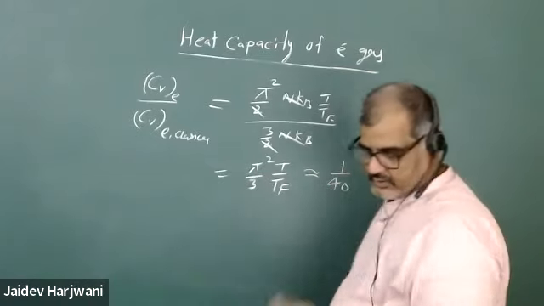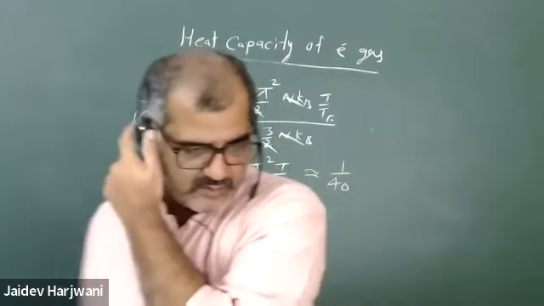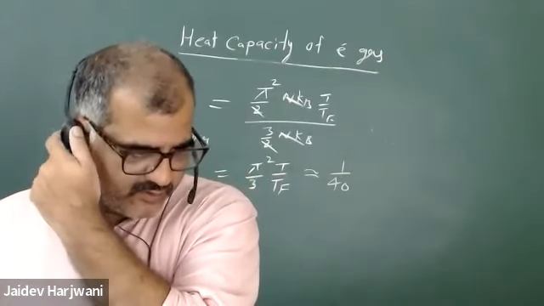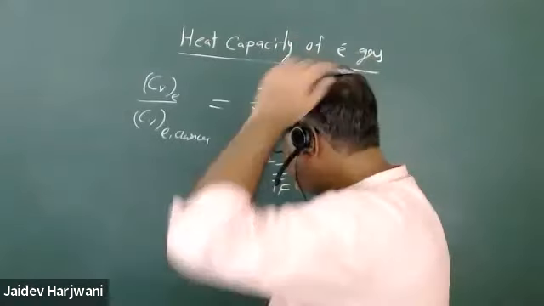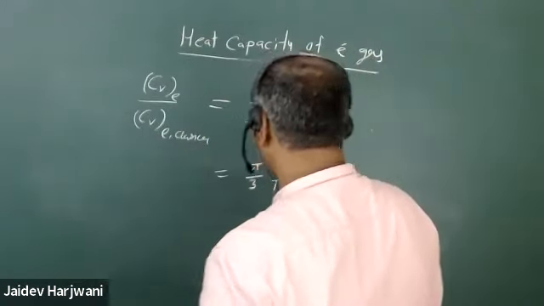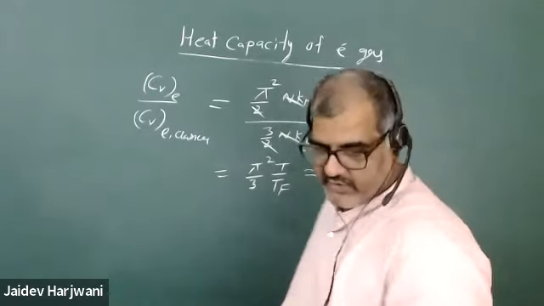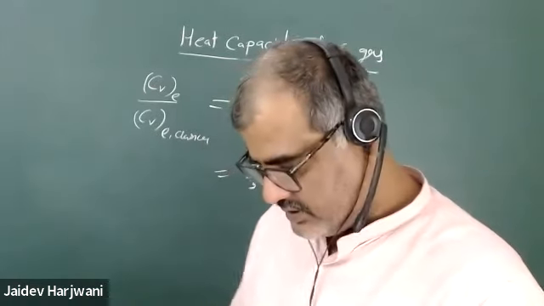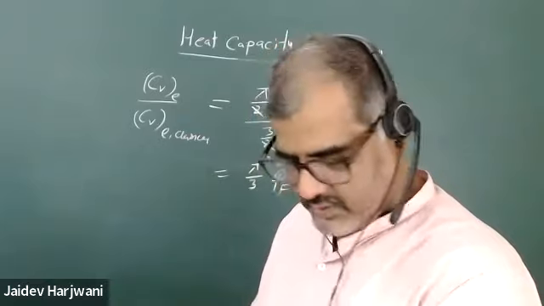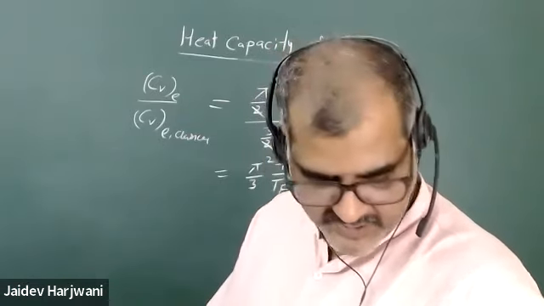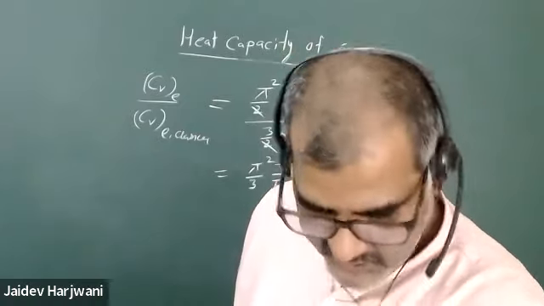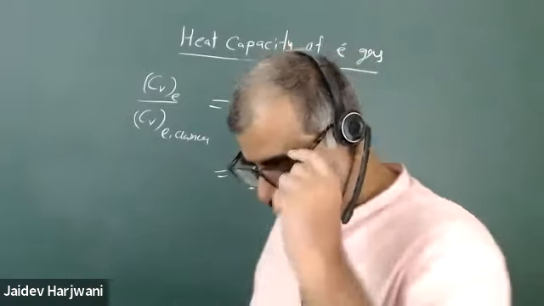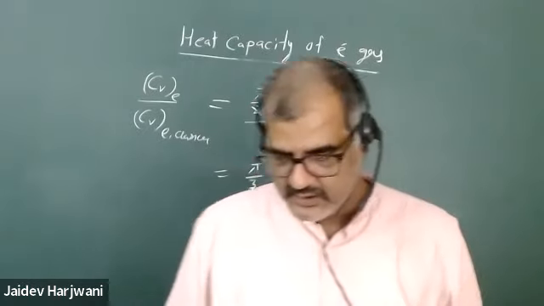So we get 1 by 40 of the classically calculated value. Now this derivation can be done in a very simple manner also, and that expression we may sometimes require. So please note down these things.